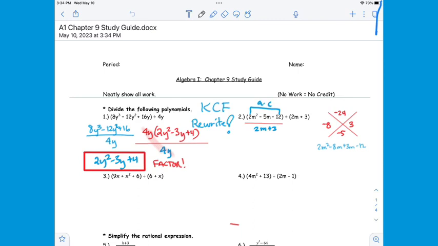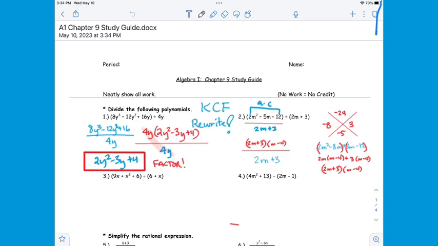I put down the a value, 2m squared, the c value, negative 12, and what makes up that middle term is negative 8 plus 3. Then I factor by grouping, taking out a greatest common factor and regrouping. This is now the top value of that fraction, all over 2m plus 3.